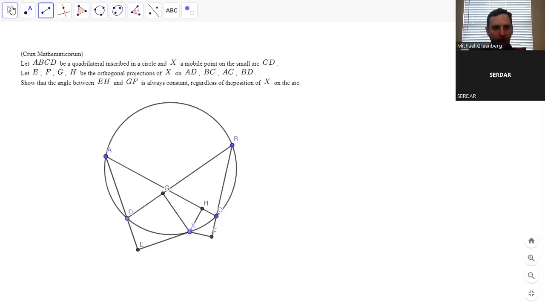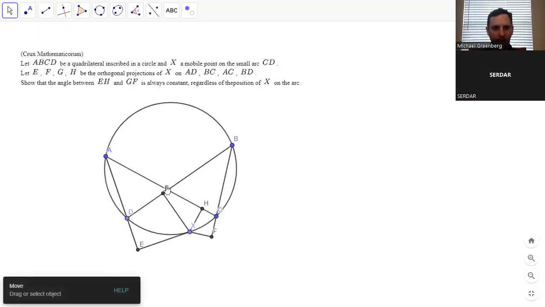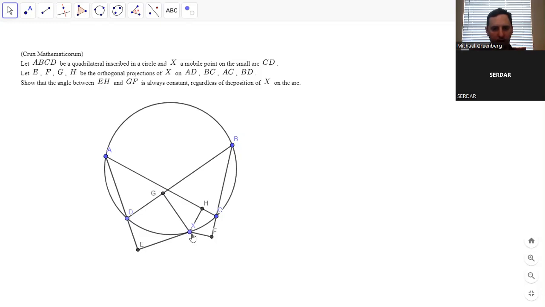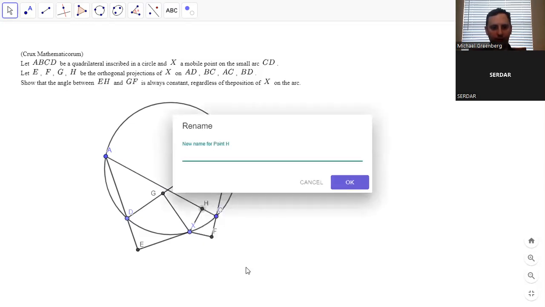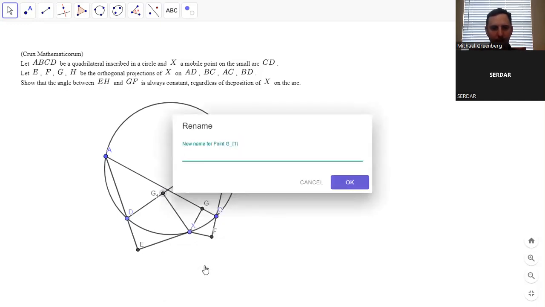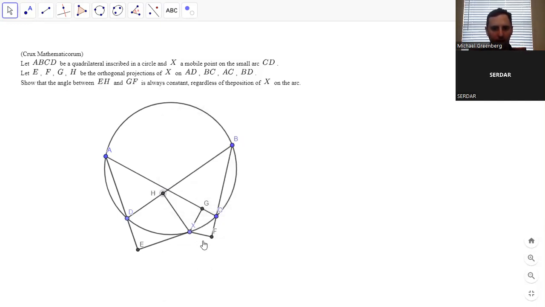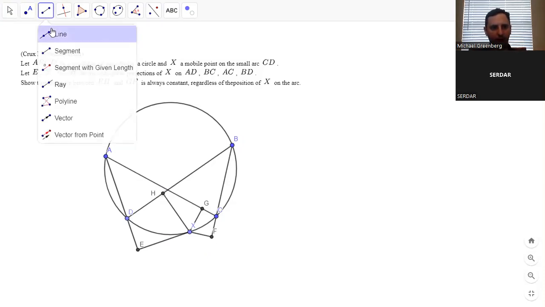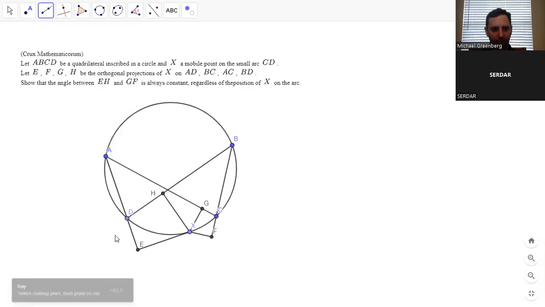We want to show the angle between EH and FG is constant. So E is onto AD, F is BC, G, okay, so G and H are switched. So it's saying that the angle between EH and GF is constant. So let's draw that.